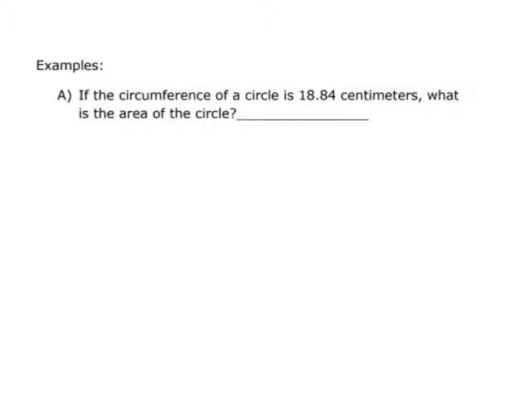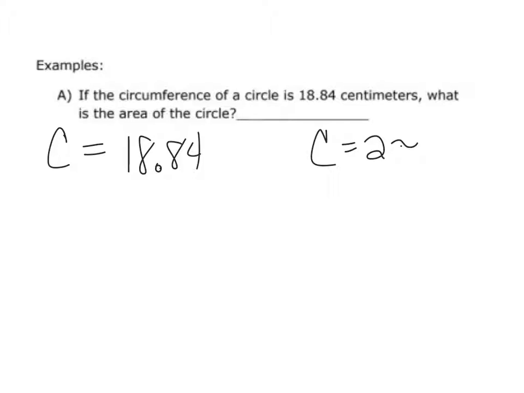If the circumference of a circle is 18.84 centimeters, what is the area of the circle? So now they're giving you circumference is equal to 18.84. So what I'm going to do, I'm going to go ahead and use the formula C equals 2 pi r.